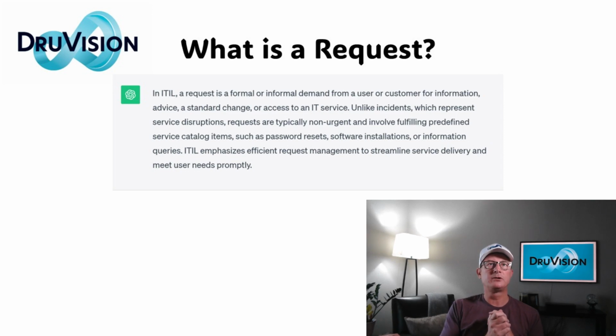Sometimes people will include in requests things that I prefer to call projects. So let's say it's a minor enhancement. If I'm going to go from, let's just say, 1.2x to 1.3x, it's not a major version upgrade, but it's pretty substantial work.